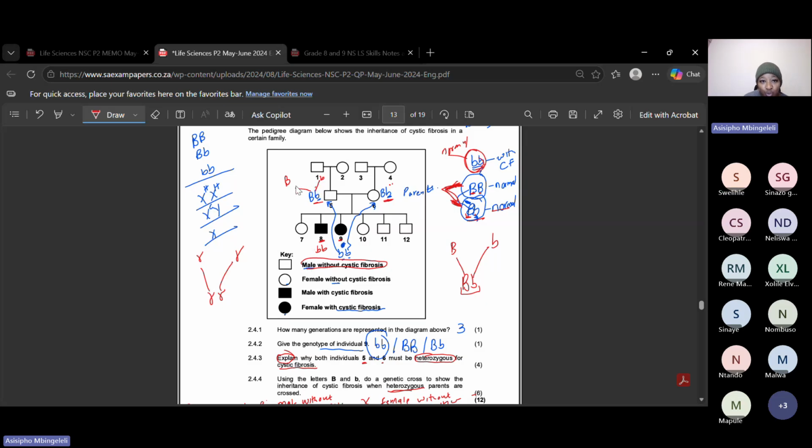What we do know is that one parent has capital letter B and the other parent has small letter b. So this parent can either be homozygous for normal or heterozygous. And the other can either be heterozygous or recessive. There are 2 possibilities for each parent. But what we can account for is that one parent has capital letter B and the other parent has small letter b. Okay, ma'am. Thank you.